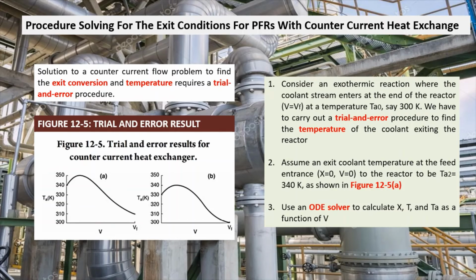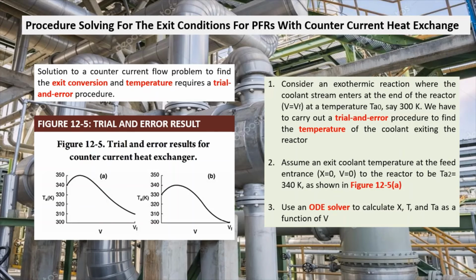We have to carry out a trial and error procedure to find the temperature of the coolant exiting the reactor. Second, assume an exit coolant temperature at the feed entrance, where X equals 0 and V also equals 0, to be Ta2 equals 340 Kelvin, as shown in figure 12.5a.